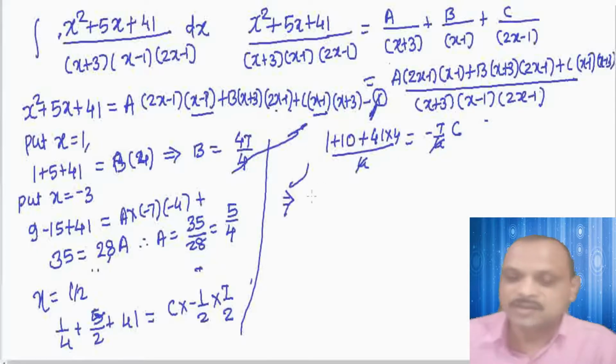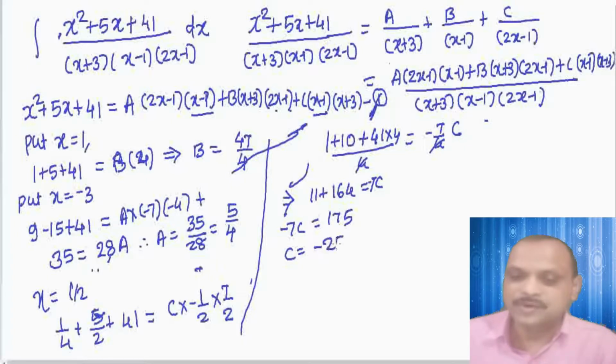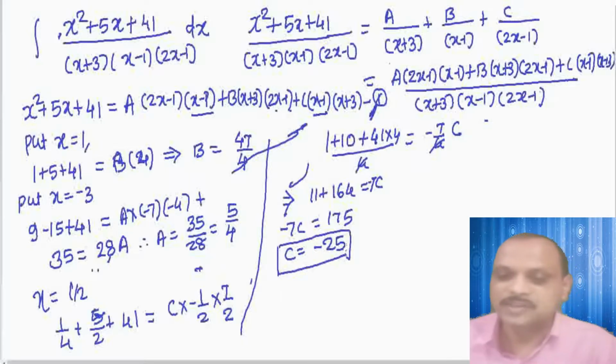This implies 11 plus 164 equals minus 7C, so minus 7C equal to 175, and C equal to minus 25, when we divide by 7.